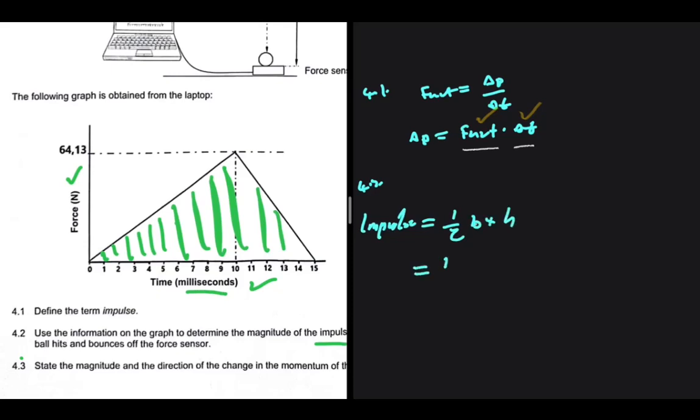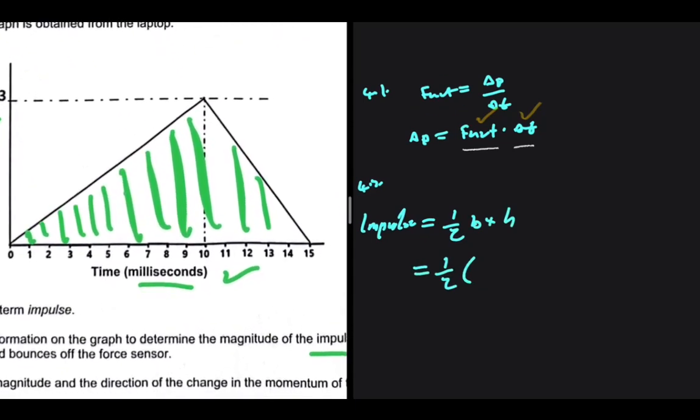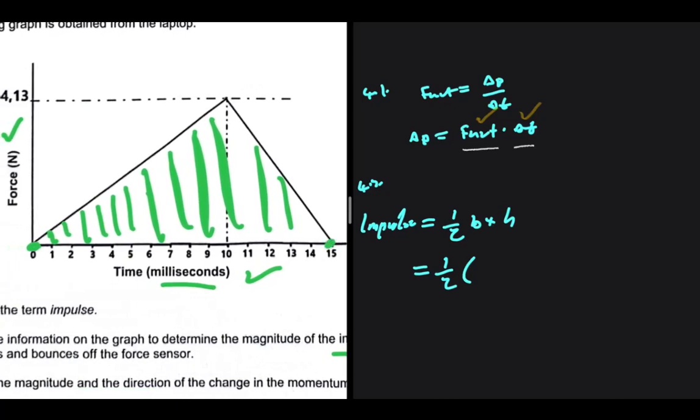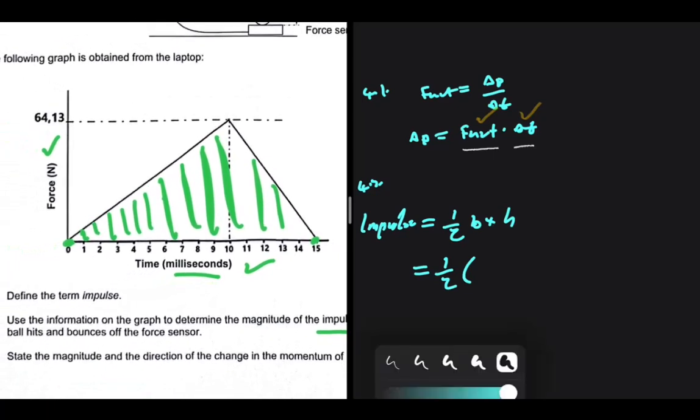So this will be equal to a half base. Our base is the time in milliseconds. We go from 0 to 15 milliseconds. So we're going to have 15 divided by 1000. Multiplying by 10 to the minus 3 is the same as dividing by 1000. Now we have converted our time from milliseconds to seconds.